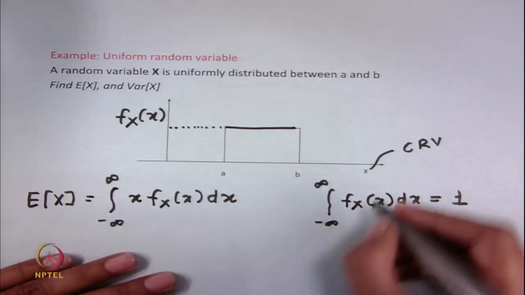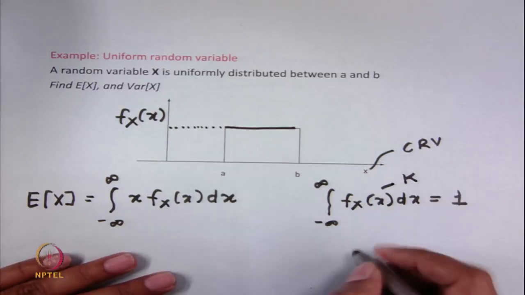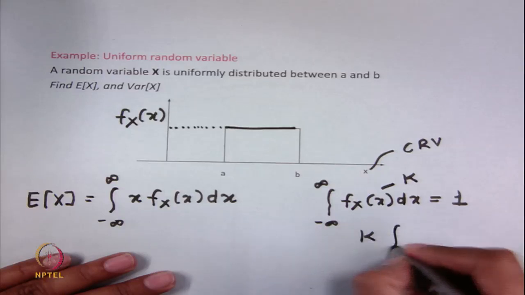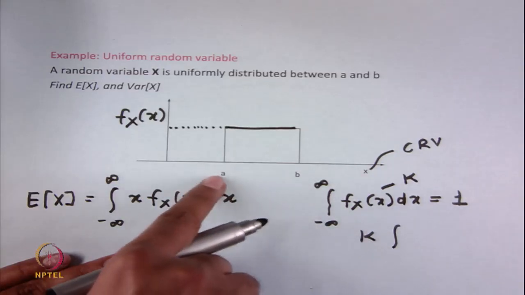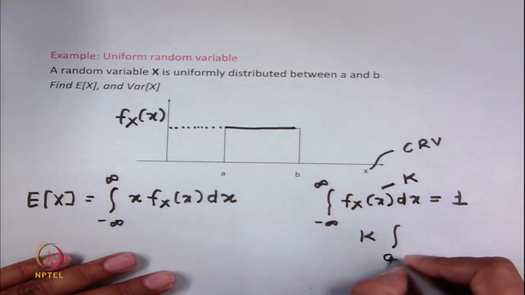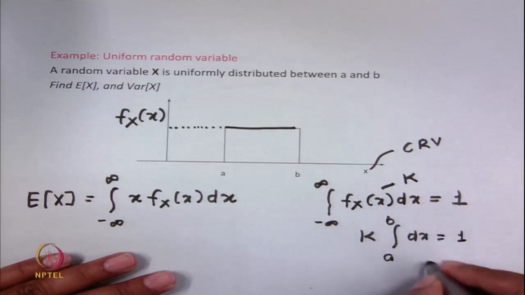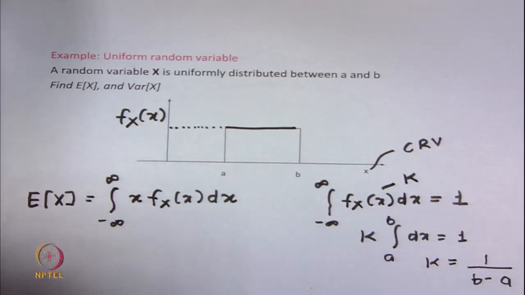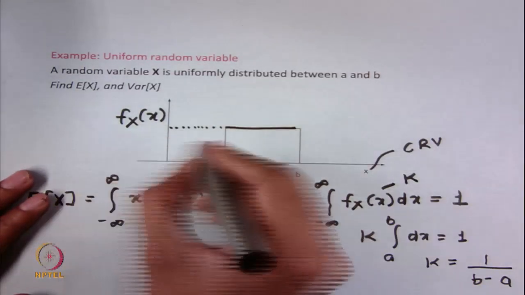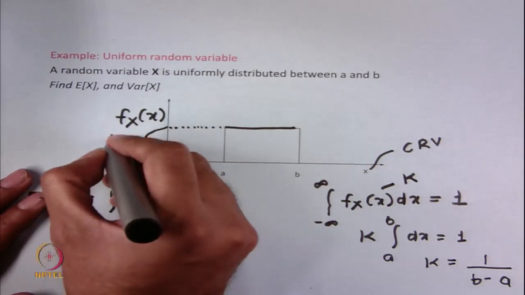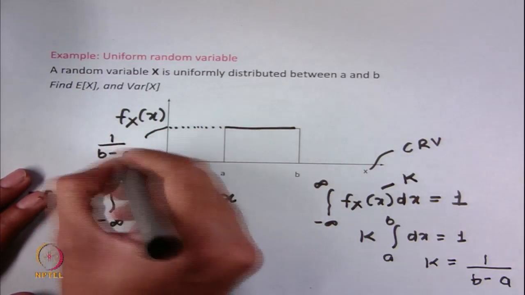all right. So, let us assume that this is some constant k. So, k times minus infinity, but you see that it goes only from a to b, and from this you can obtain that k is 1 upon b minus a. So, what we have got is, even though this value was not given, we can compute it to be like this.